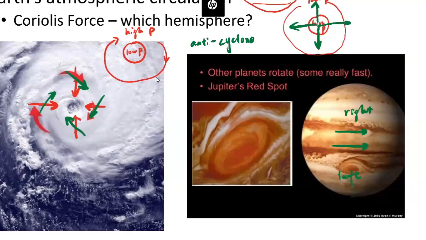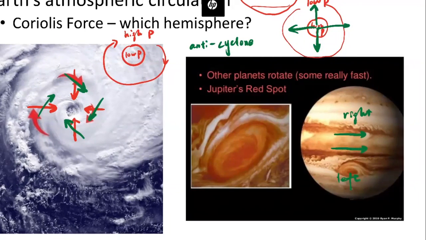Okay, so basically this Jupiter's red spot is located on the southern hemisphere. So if it's on the southern hemisphere, it's going to get diverted to the left, right? Which means that the wind is going to go this way.